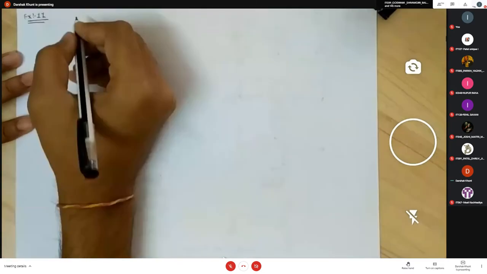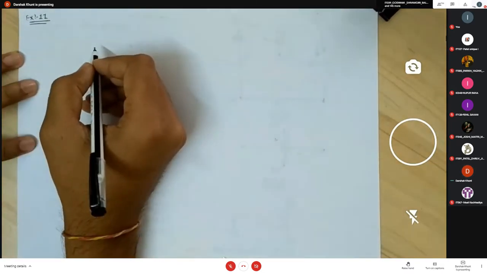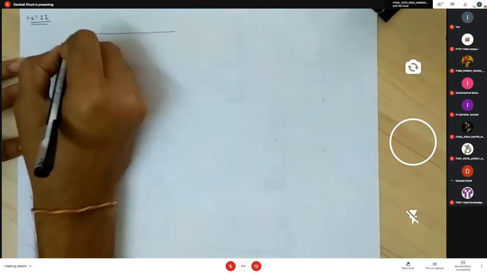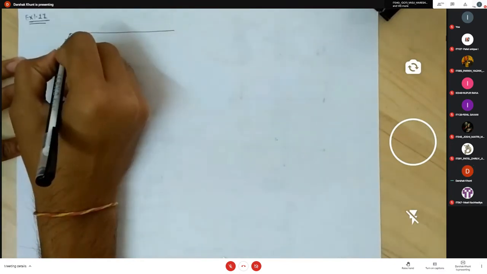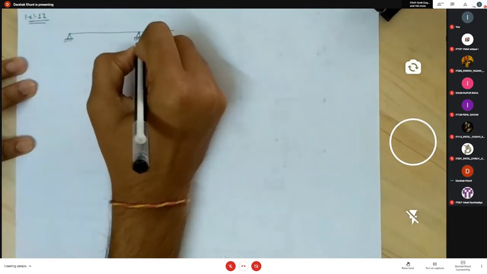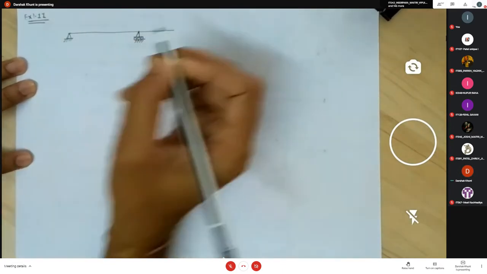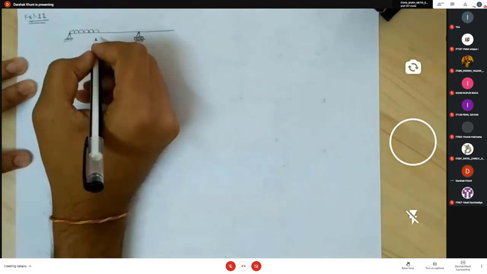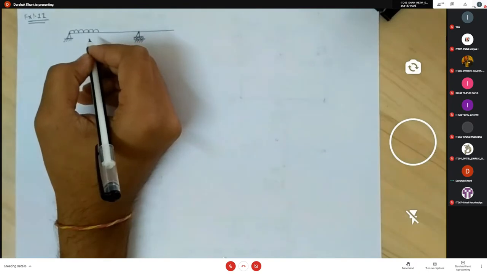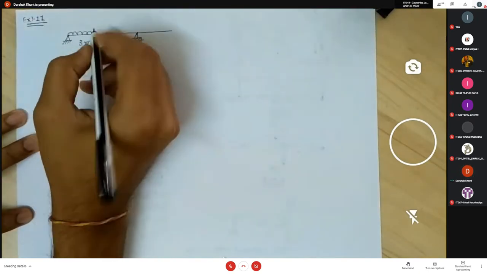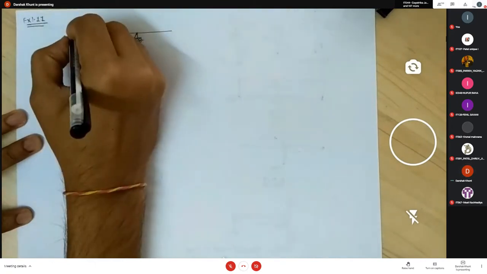So one overhang beam, overhang only on the right side. Here is your hinge support, your roller support, your uniformly distributed load, the 3 meter span, 25 kN/m.